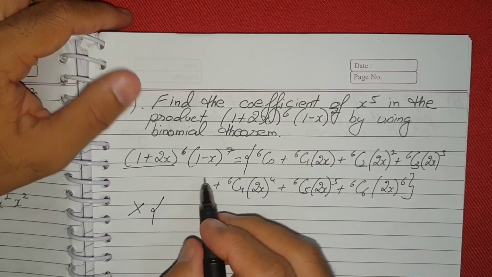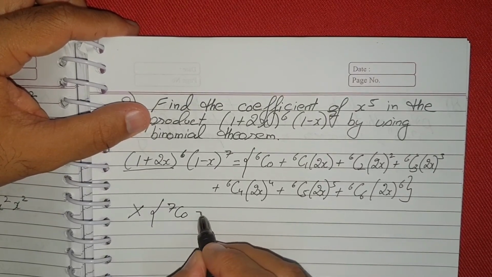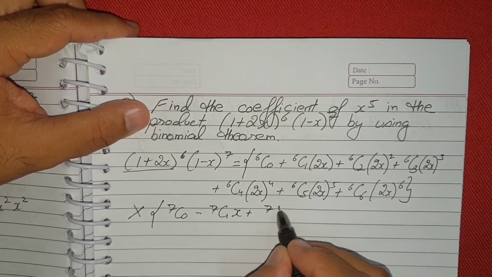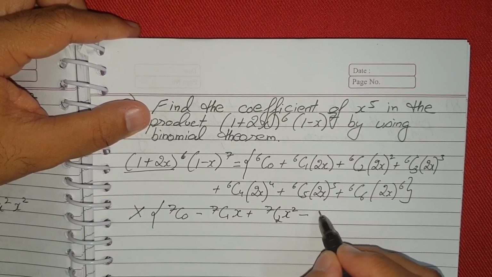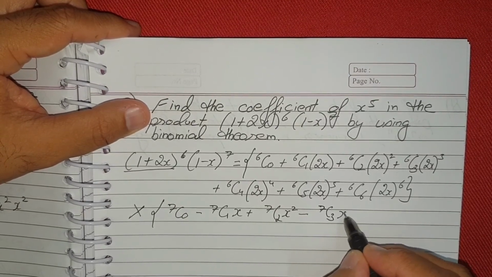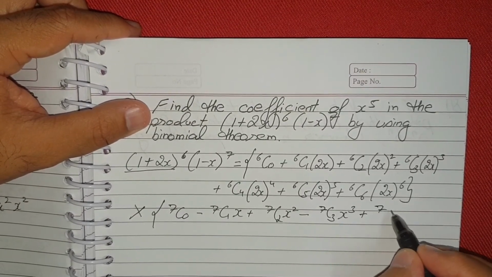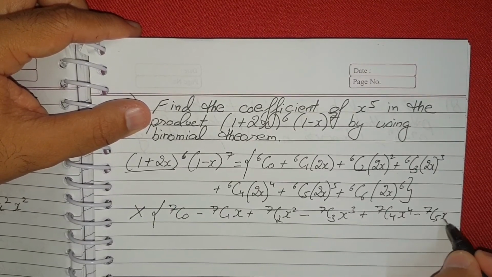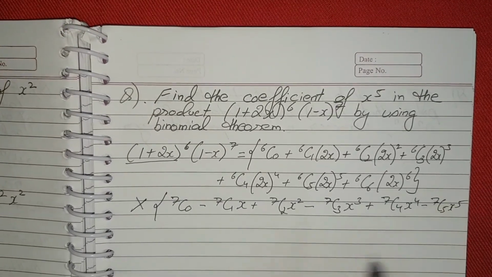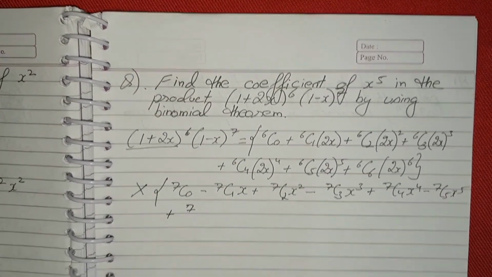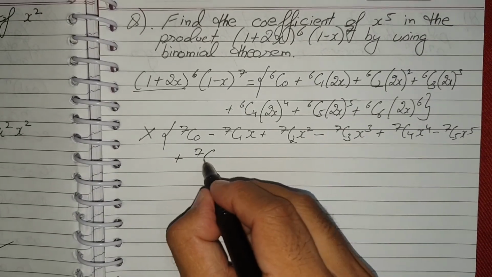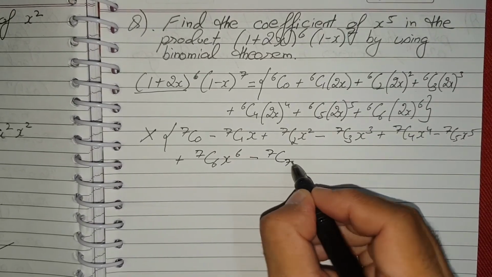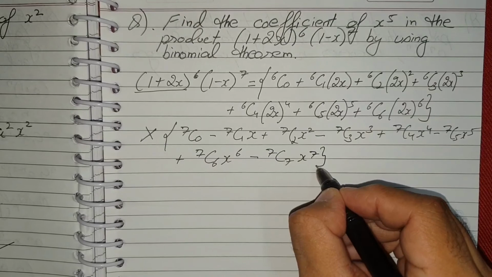So again bracket. Now 7C0 minus 7C1 x plus 7C2 x square minus 7C3 x cube plus 7C4 x4 minus 7C5 x5 plus 7C6 x6 minus 7C7 x to the power 7.